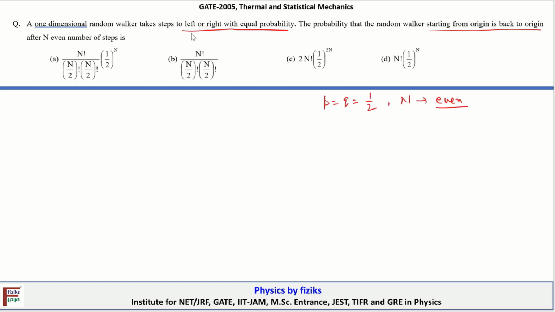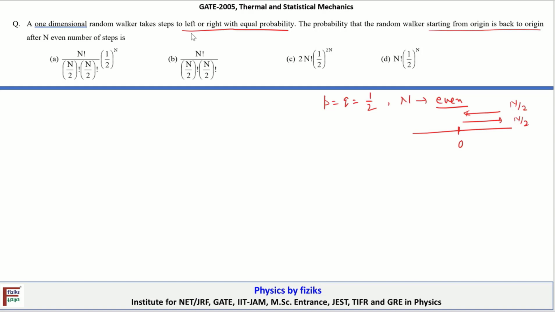Suppose a person starts from a certain position and takes some steps towards the right. Then he will be exactly at the same position when the number of steps taken to the right exactly matches the number of steps taken to the left. That means the number of steps in either direction is n by 2. It's only possible in this situation.